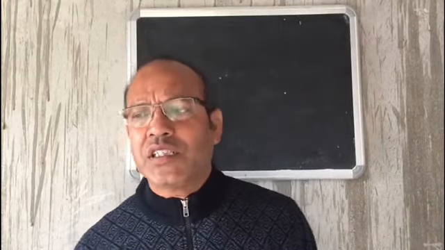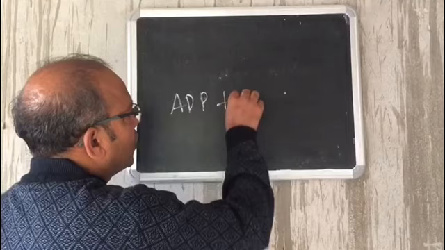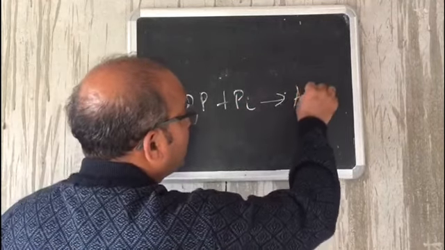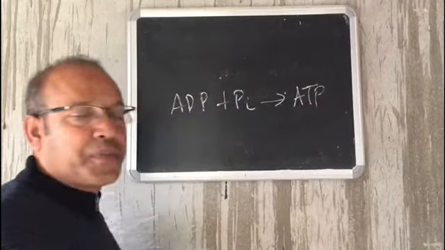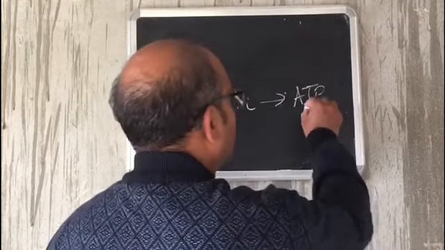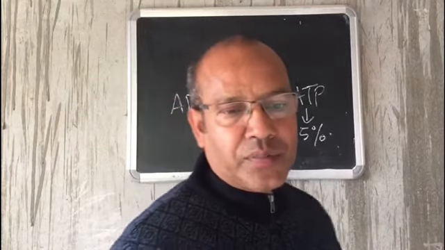Oxidative phosphorylation is the process by which phosphate ion is added to ADP, adenosine diphosphate, to produce ATP. So this process takes place inside the mitochondria, and 95% of the energy is produced by mitochondria.